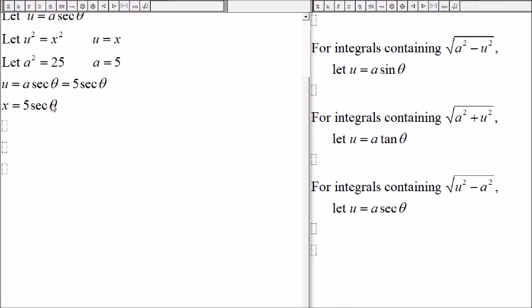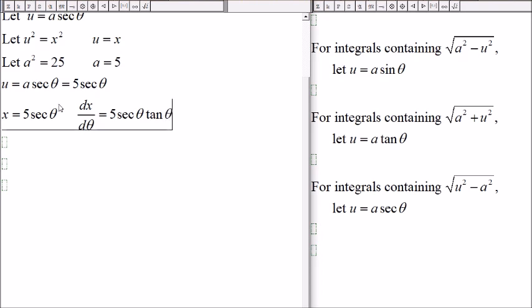So we have x equal to 5 secant of theta. And so now we take the derivative, dx over d theta, and we get 5 secant theta tangent theta. So this means that dx is equal to 5 secant theta tangent theta d theta.